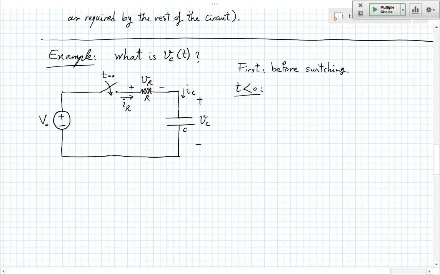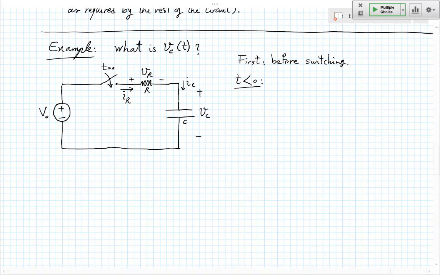So the circuit has been sitting like that for a very, very long time. You see, there's a constant V0 applied here, let's say 1.5 volts. And there's nothing changing in the circuit. It's been sitting like that since the origin of time. And it has had enough time to reach a DC steady state. Nothing is changing with time. So I'll write that down.